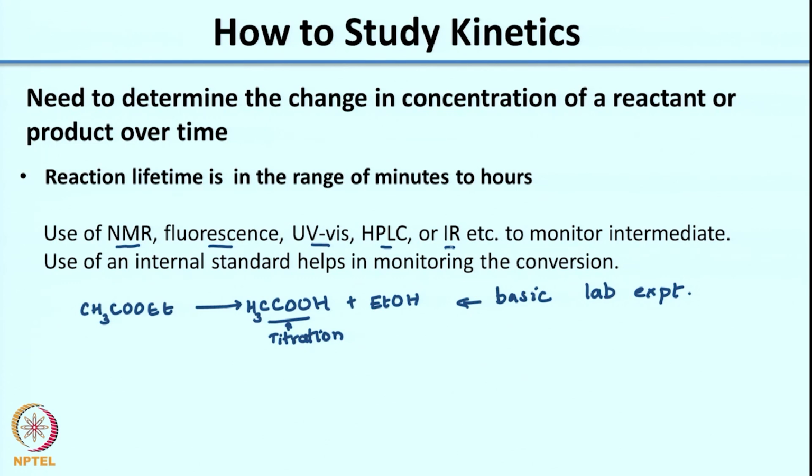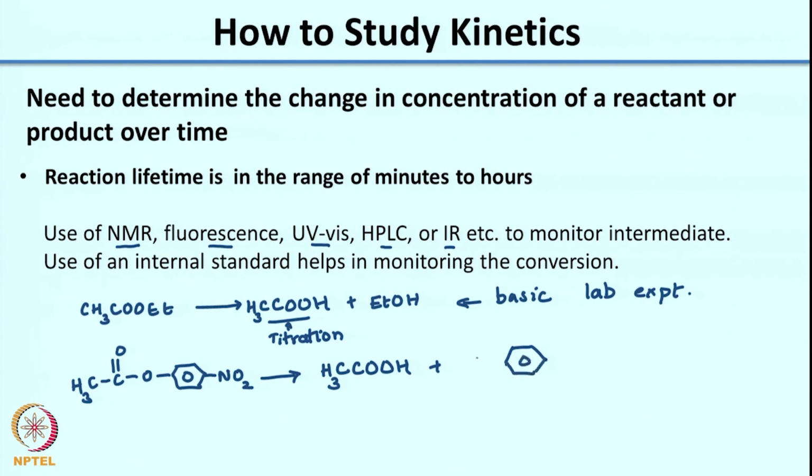So, to give you an example, in the same case, if I imagine the reaction where I have now the product that I will get would be again the acid and paranitrophenol.